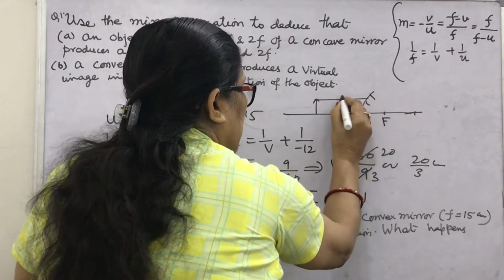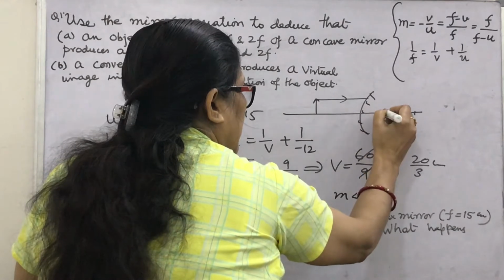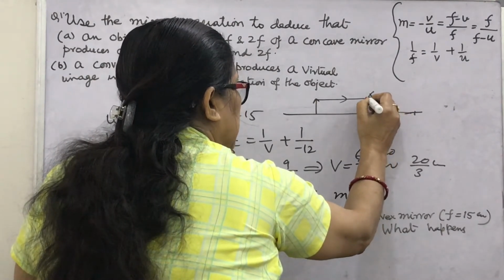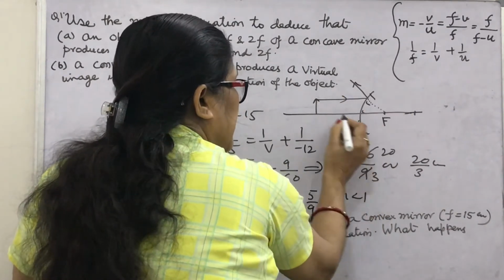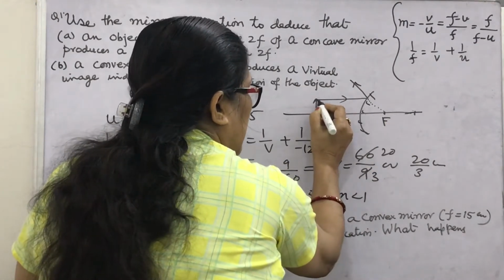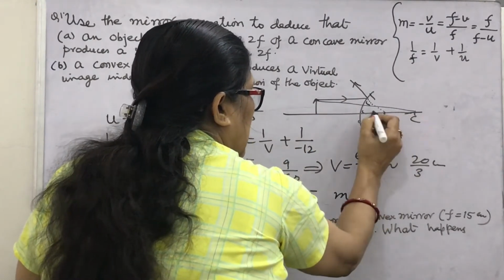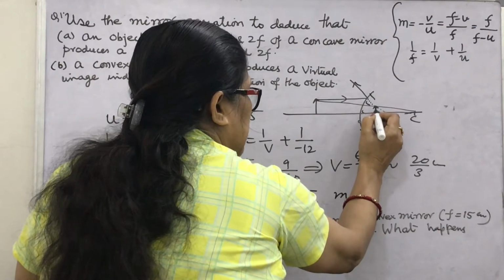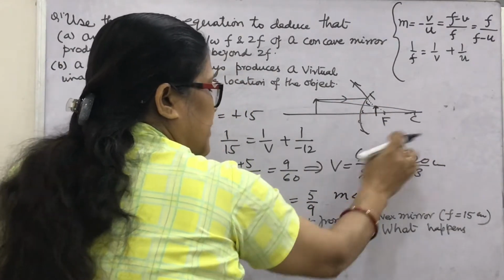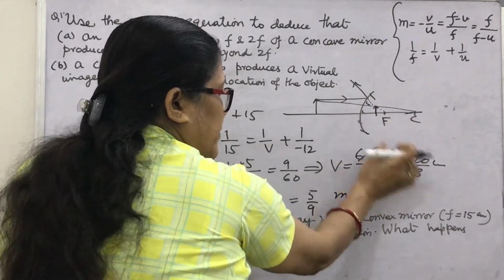One ray parallel to the principal axis will appear to pass through the focus, and a second ray passing through C gives the image position, diminished, behind the mirror. This distance will be 20 by 3.